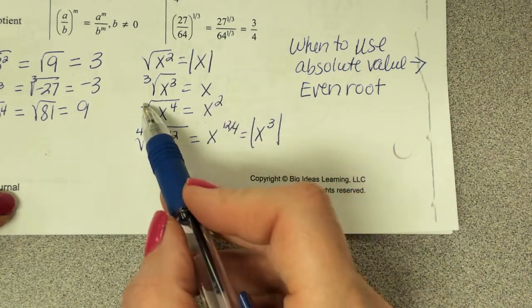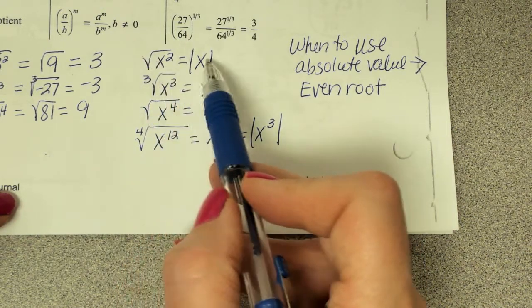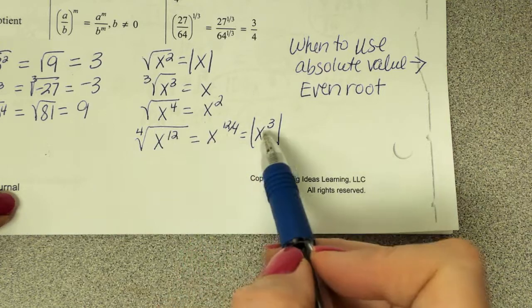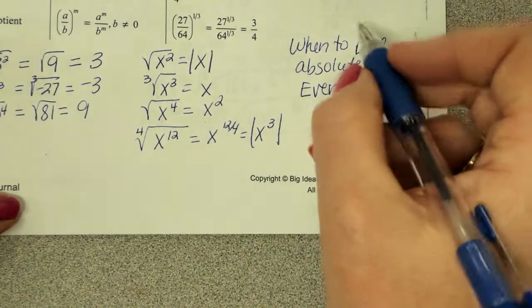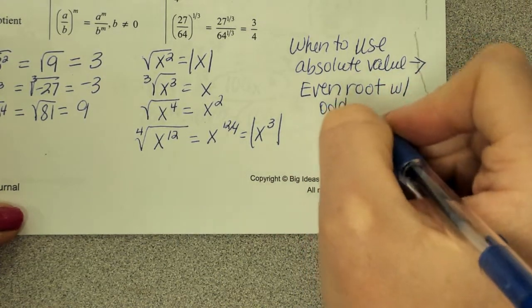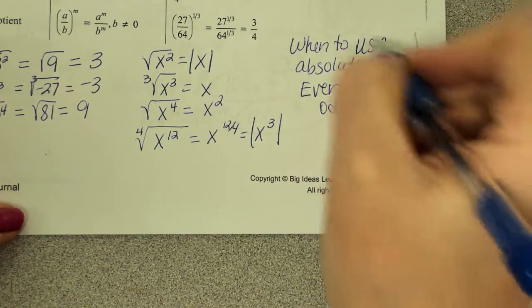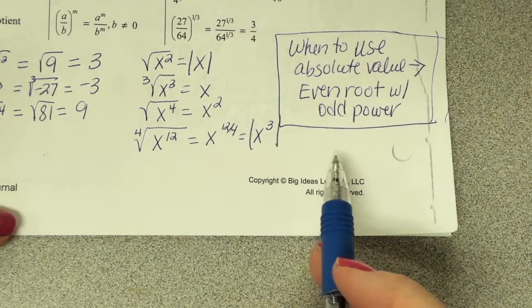This one was an even root, but I didn't have to use absolute value. This was an even root and I did, and this was an even root and I did. Yep, very good. An even root with an odd power. That's the only time I have to use absolute value.